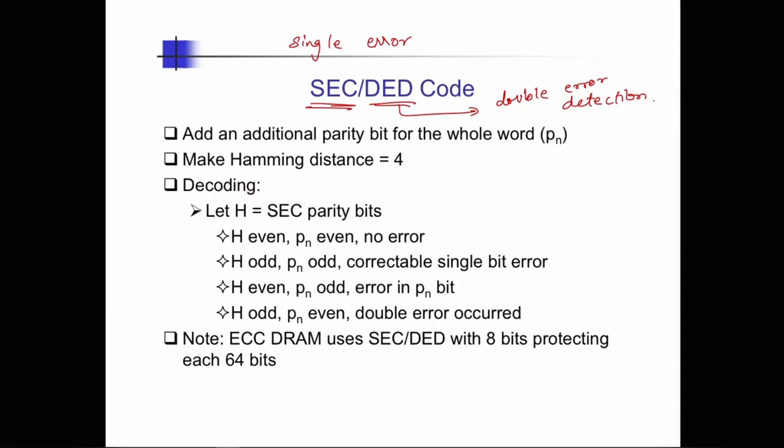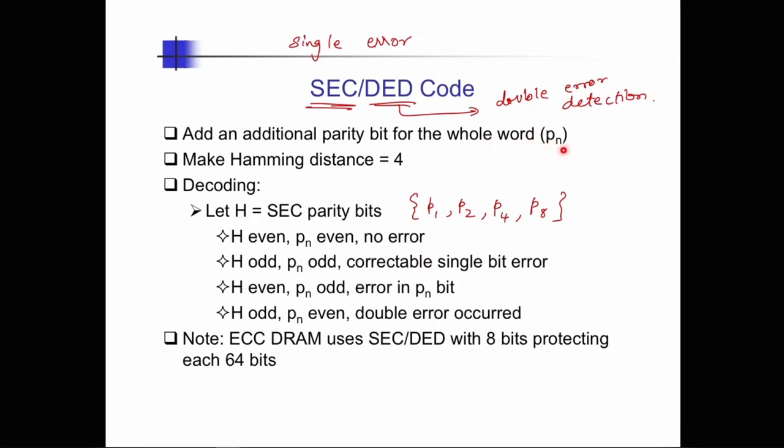To decode, we are going to assume that H represents the single error correction parity bits. For example, it is the set of P1, P2, P4 and P8 if we are looking at a similar size of code. So H represents those single error correction parity bits. We could have four possibilities over here, meaning I could have the whole word parity being even or odd.